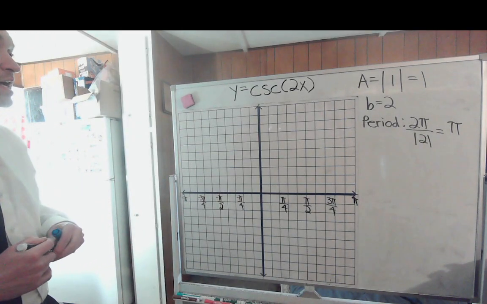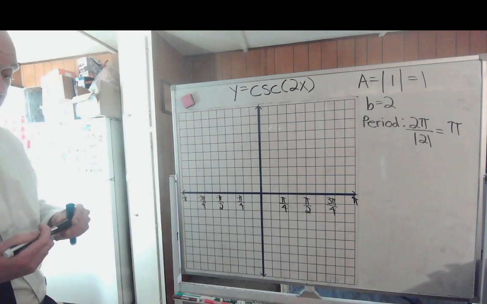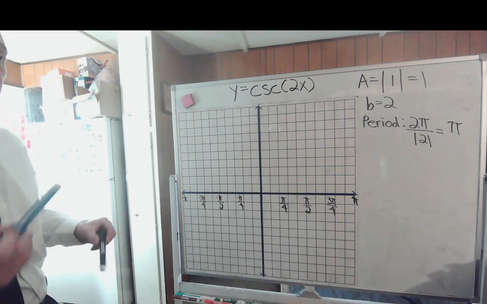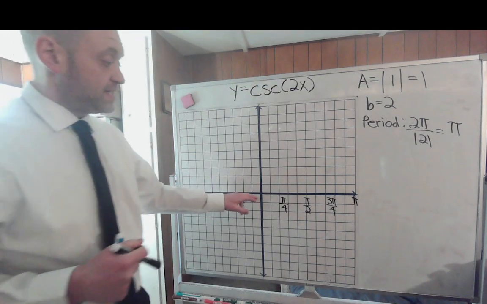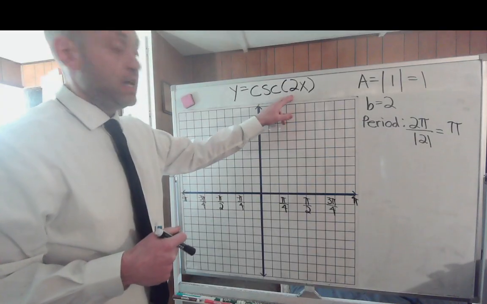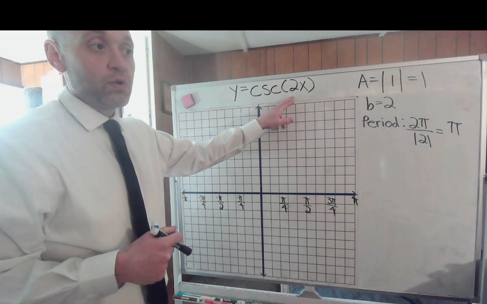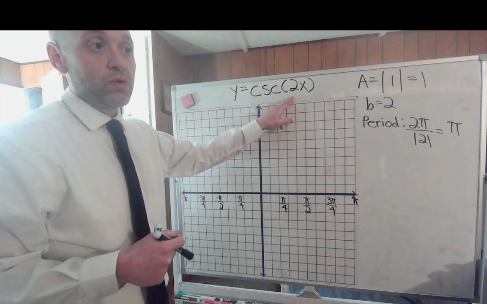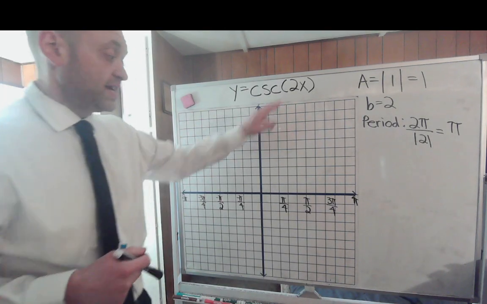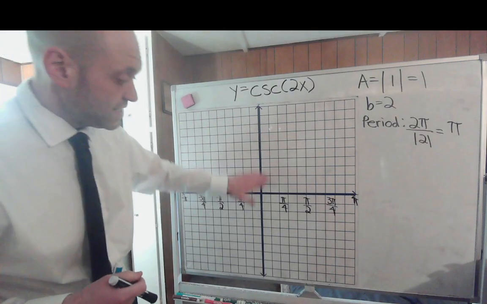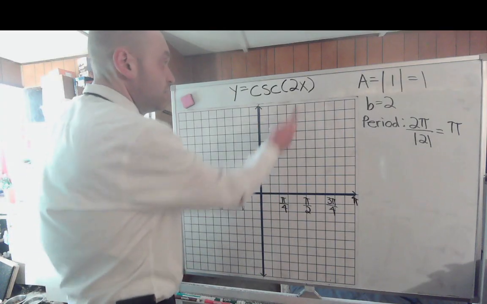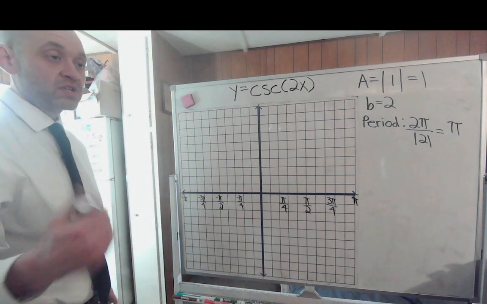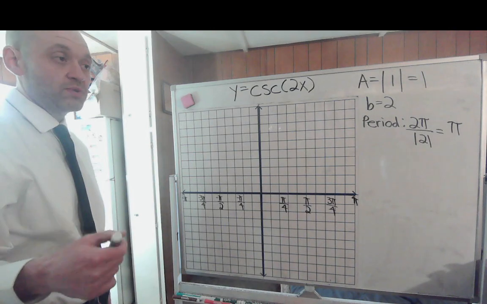Okay. Now, it might be best to actually go ahead and try to start plotting this. So, if we put in 0 for x, what do we get? That'd be the cosecant of 0. Well, the sine of 0 is 0, which means the cosecant's undefined. So we actually have an asymptote at x equals 0. Alright, let's say I put in pi over 4. 2 times pi over 4 is pi over 2. What would be my cosecant?